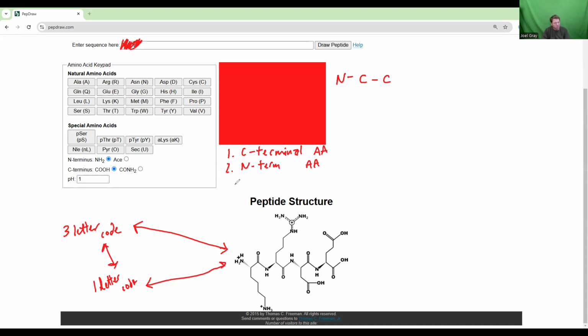And I might circle something right here, and then right here, and then let's go with here. Actually, not that one. Here, here.